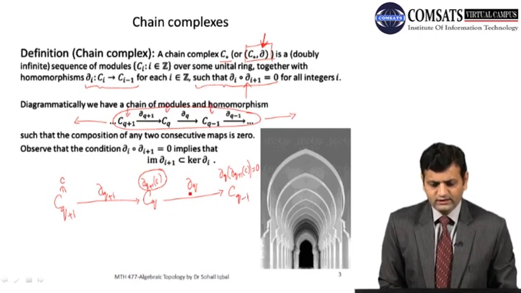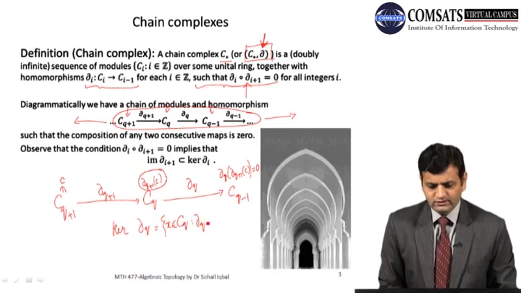So what is the kernel? The kernel of partial q is the set of all elements of C_q such that partial q takes those elements to 0.